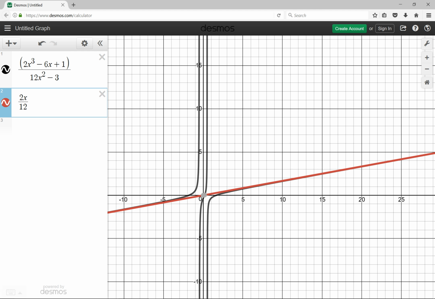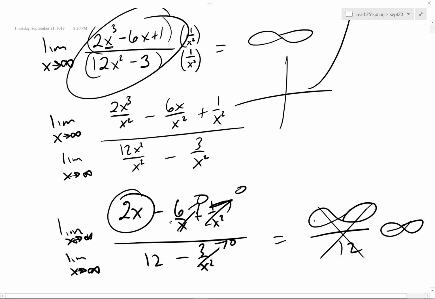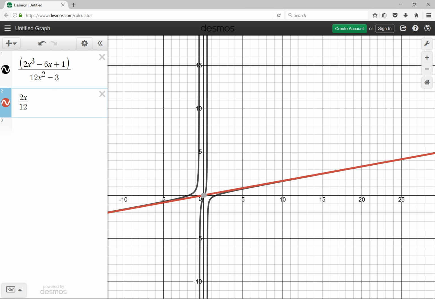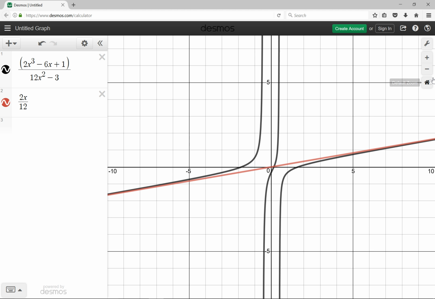Check it out, everything else tends to cancel off here and here, yes? And you're left with 2x divided by 12. Interesting to note that as x goes to infinity, as you're headed out this direction, those two lines become almost inseparable. They are both headed to infinity.